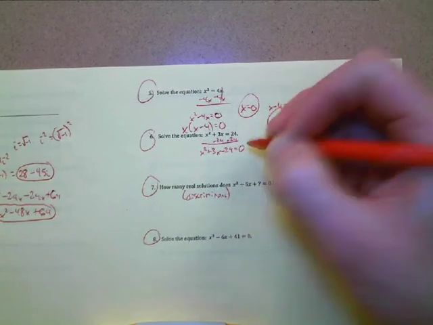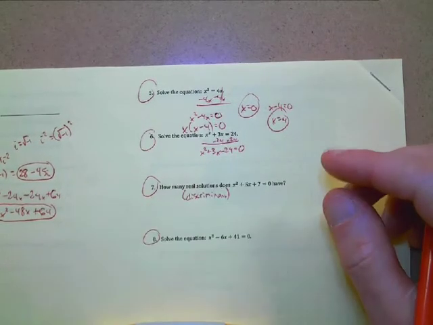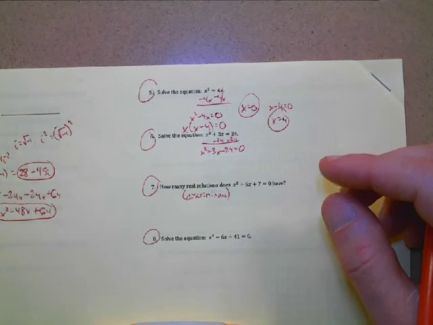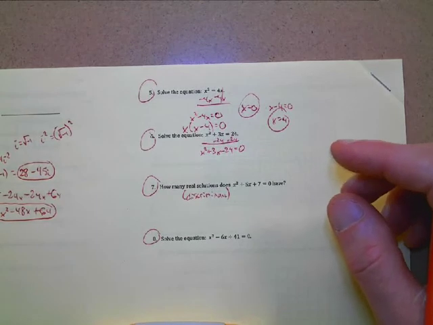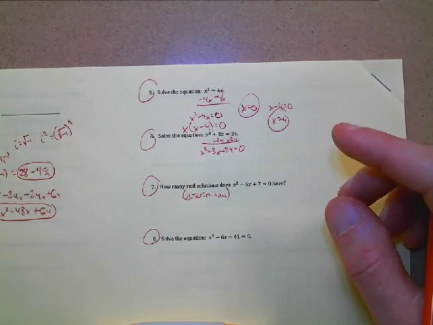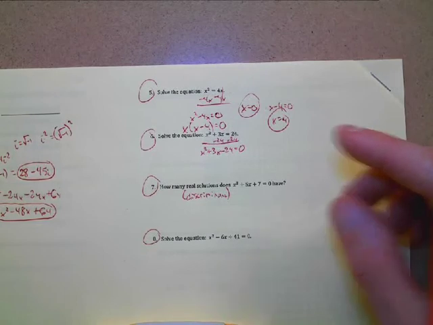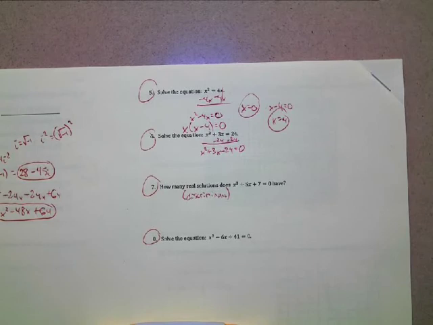I'm looking for two numbers that multiply to make negative 24 but add to make 3. It's impossible! It does not factor.